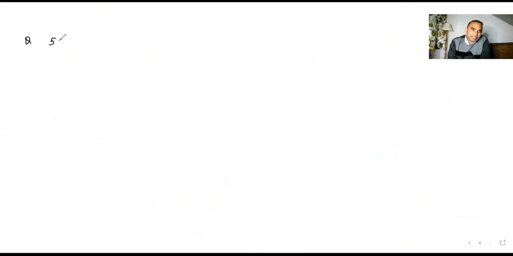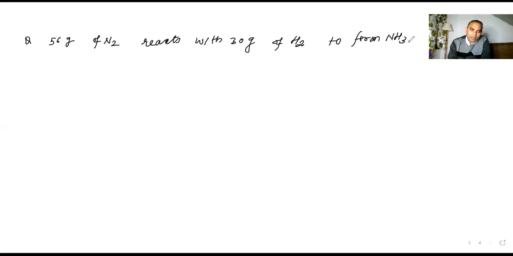They are saying 56 gram of N2 reacts with 30 gram of H2 to form NH3. Find the limiting reagent.